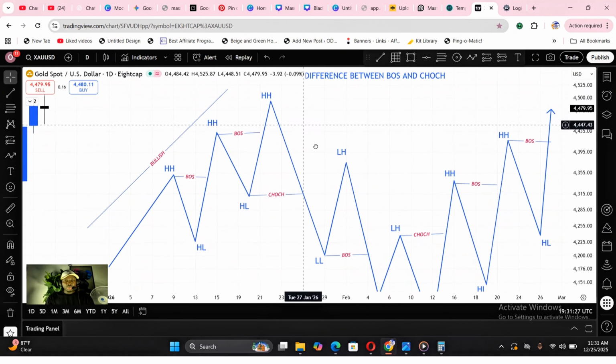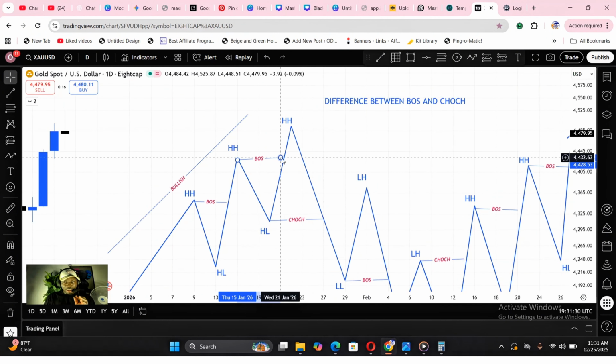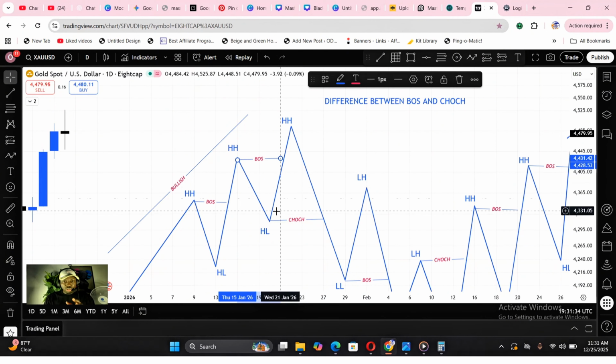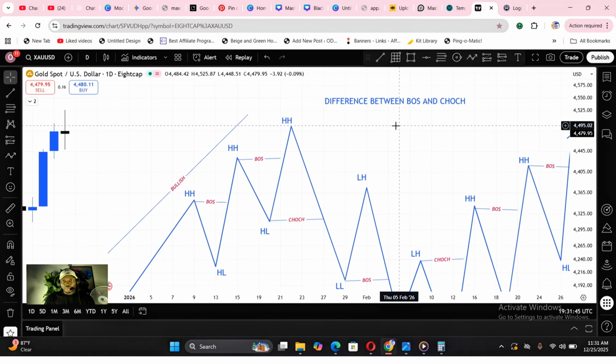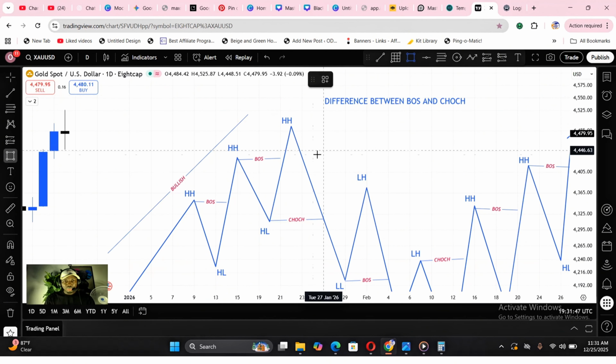Then we came to this place. Pay attention to this diagram because it will help you to understand it very well. When we reach this extent, let's say for instance it came to this point.